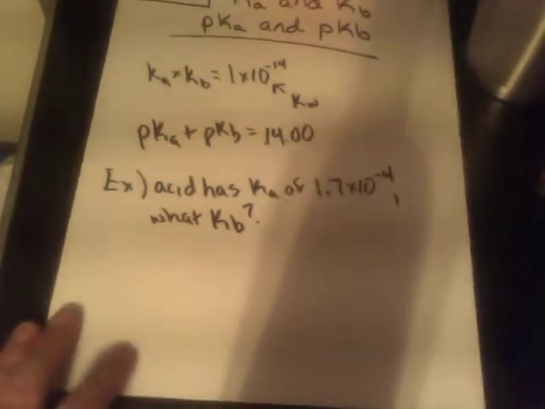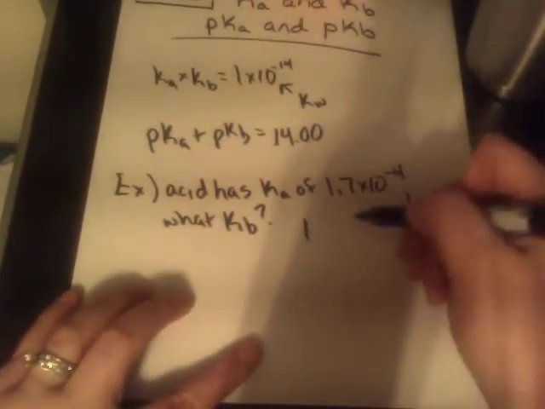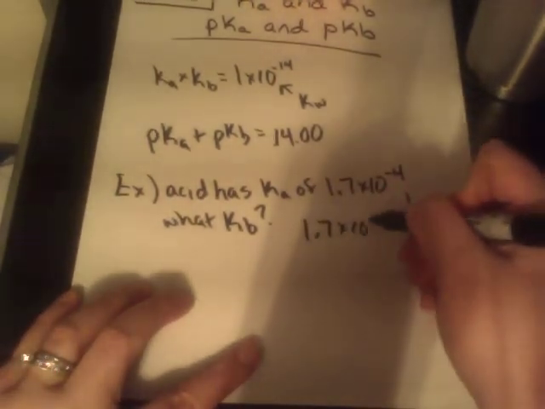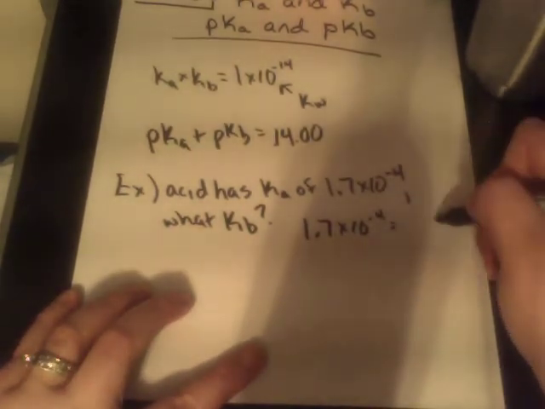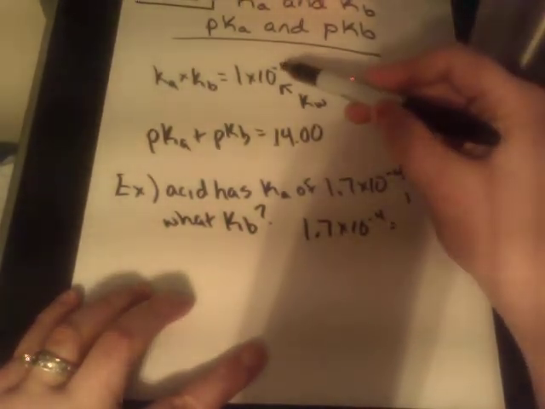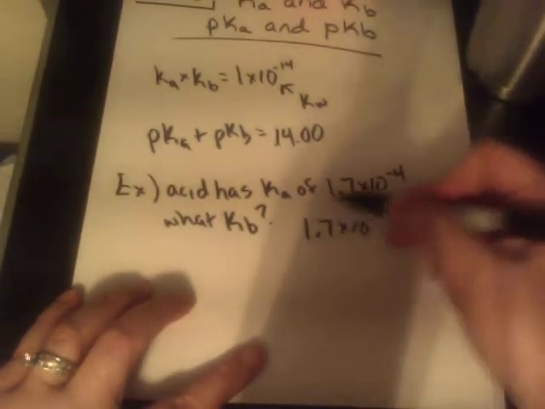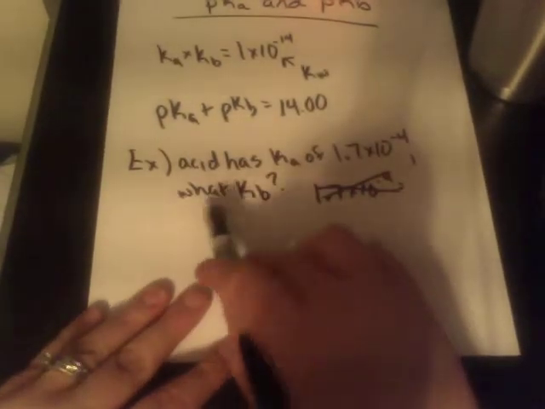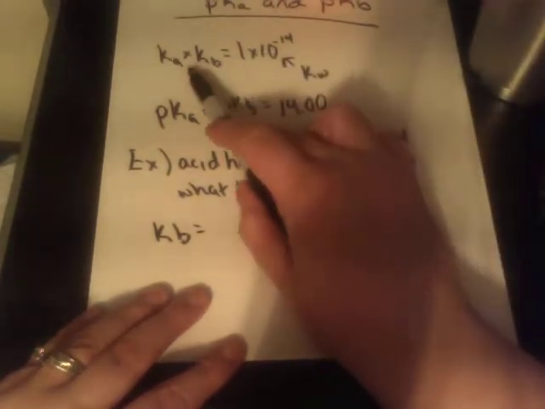So what you're going to do mathematically is take this equation, and you need the K sub B. So K sub B is going to equal this number divided by your K sub A, right?